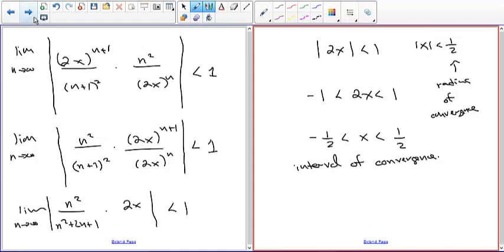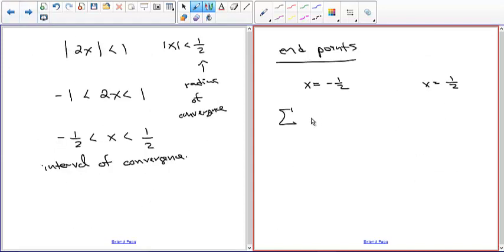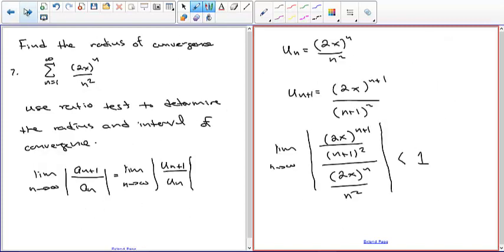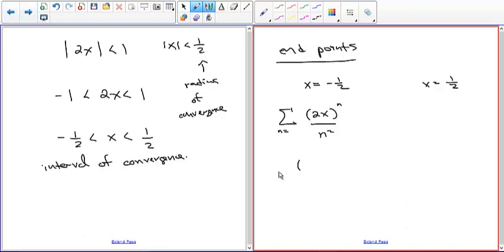Okay. 2x to the n over n squared. Okay, so if we plug in 1/2, and this is from n equals 1, so we go from n equals 1 to infinity. So we plug in whatever the endpoint values are, to determine our interval of convergence.